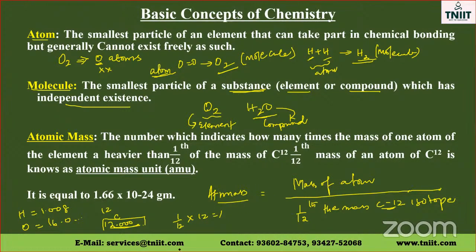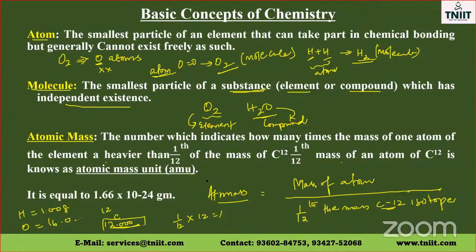Now, we represent that in terms of atomic mass units. So atomic mass is defined as the number which indicates how many times the mass of one atom of an element is heavier than 1/12 the mass of carbon-12 isotope. And that is known as atomic mass unit.